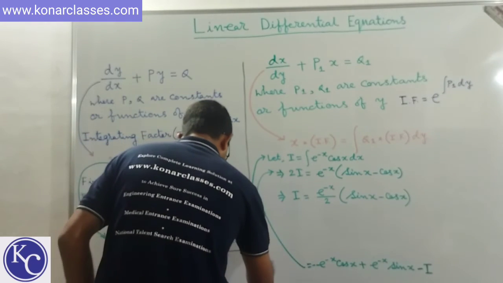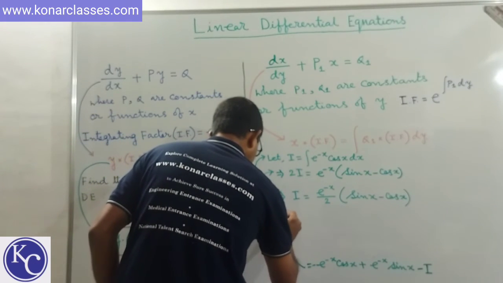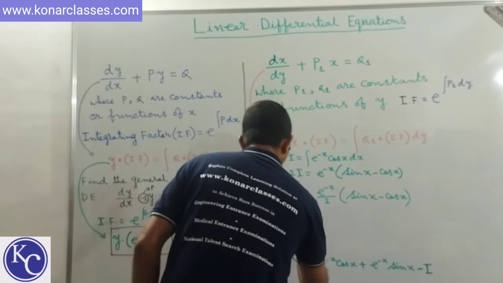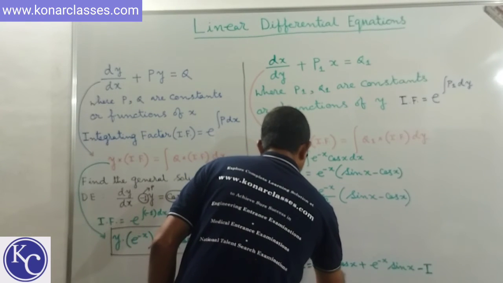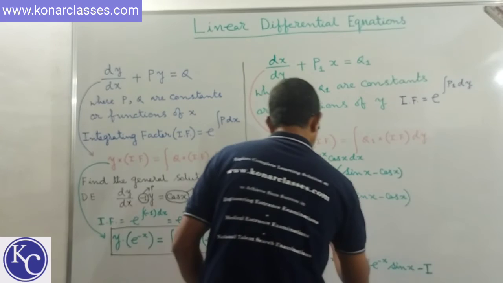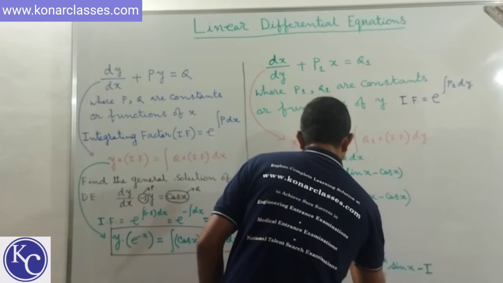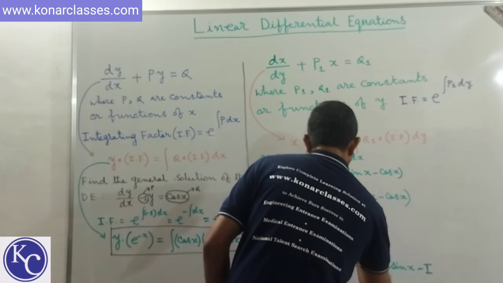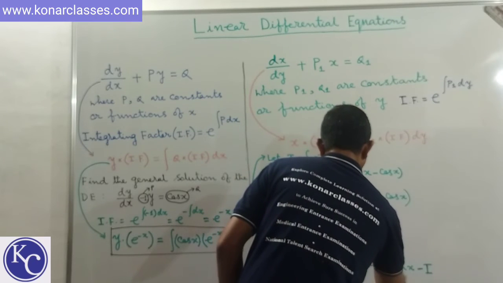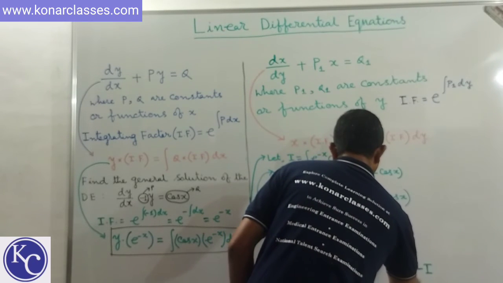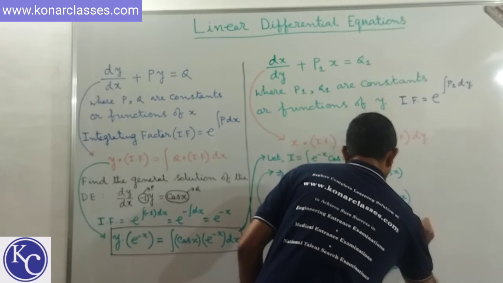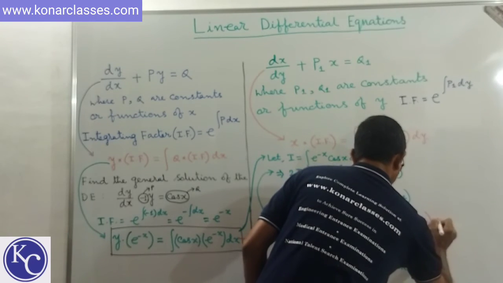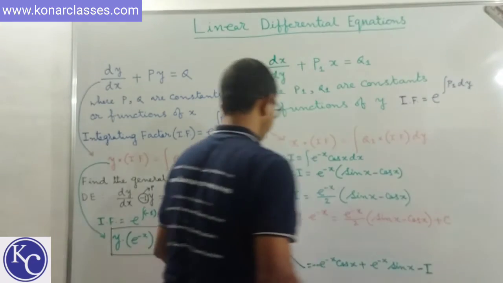If I write in red color, the solution to the given differential equation becomes y into e power minus x is equal to e power minus x divided by 2 into sin x minus cos x plus one integrating constant c.